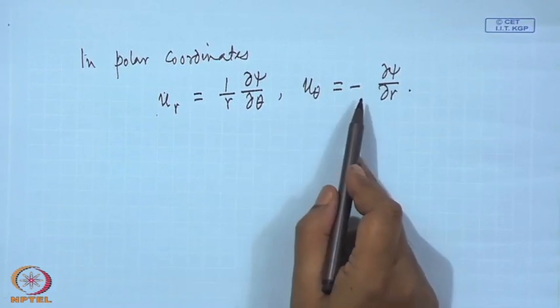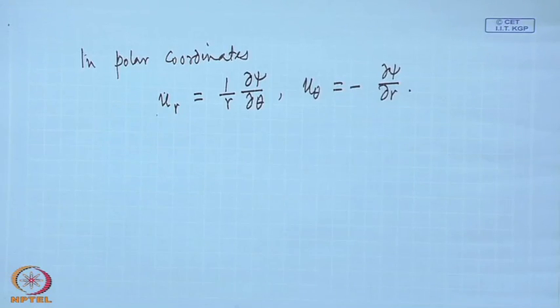You can remember, you see that in one case the sign is changing, but it is easy to remember in this way: if you differentiate the stream function in any direction, you will get the velocity in the direction which is 90 degrees clockwise. That is all.